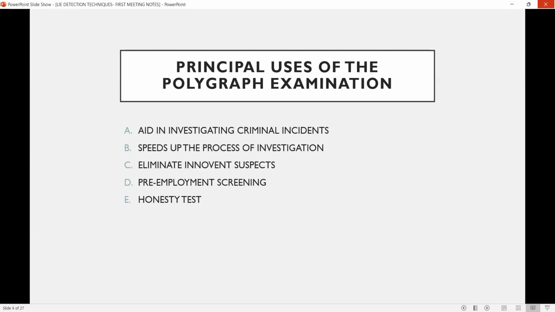So if you apply to the NBI, you will undergo a polygraph exam to determine whether or not you're a double spy, maybe. You're also in the CIA. Polygraph exams are there. Including for pre-employment screening and for honesty test. Like for example, you have been in a company for a long time and they want to determine whether you leaked information during the course of your employment. So you undergo a polygraph exam.